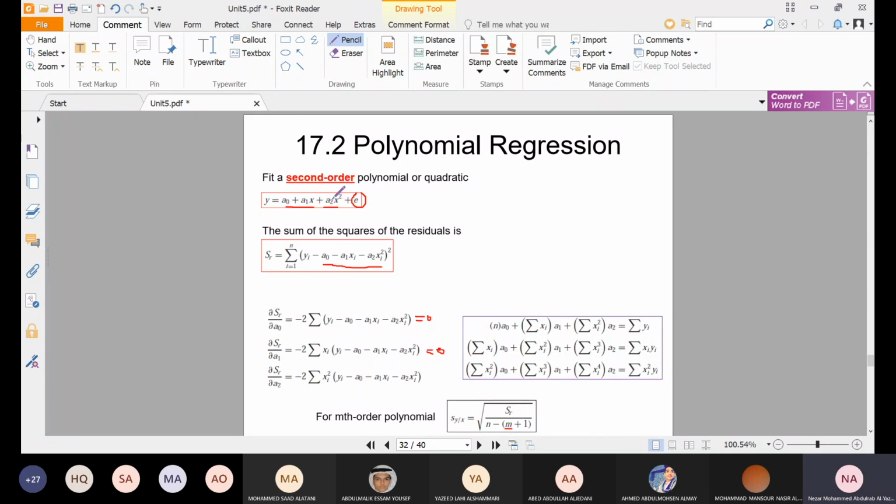In this example, we use second order, so I have n minus 2 plus 1, so n minus 3. If you use the third order, here you have n minus 3 plus 1. So in our example, the order is 2, so this will be n minus 2 plus 1, that means n minus 3. Any question?